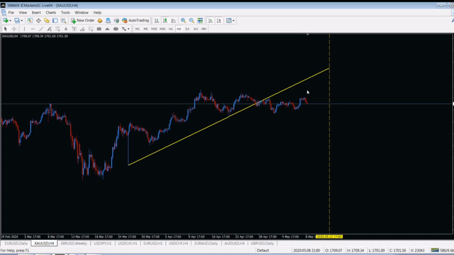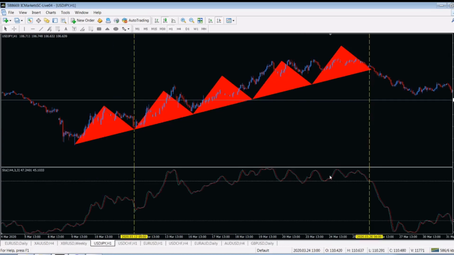What I usually do is prefer to draw triangles, because triangles show it in a much nicer way. In the same way, they also show the midpoints of the market. I've already prepared here a chart of USD/JPY on the H1, 1-hour chart.